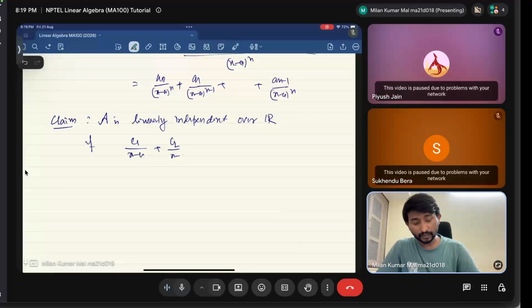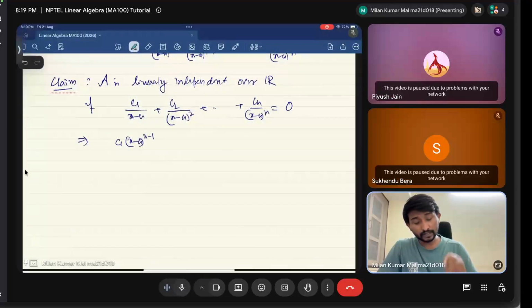Look carefully. We can write it this way: c1 (x minus a) to the power n minus 1, plus c2 (x minus a) to the power n minus 2, all the way plus cn, is equal to 0.